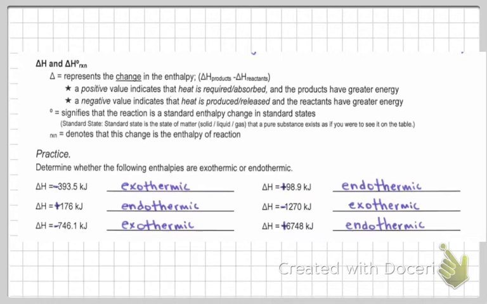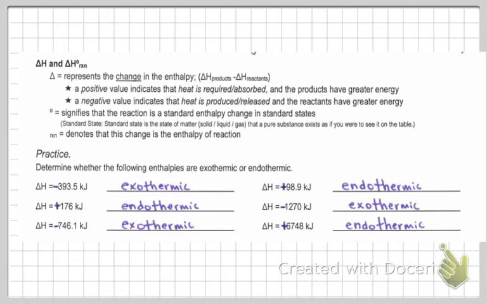When you want to determine the change in enthalpy for a reaction, it's the heat of the products minus the heat of the reactants, which makes sense because if you want to determine the total energy of the system, you can subtract the energy of the products that were made minus how much energy you put into the system, and that gives you the overall energy that was put in or used.